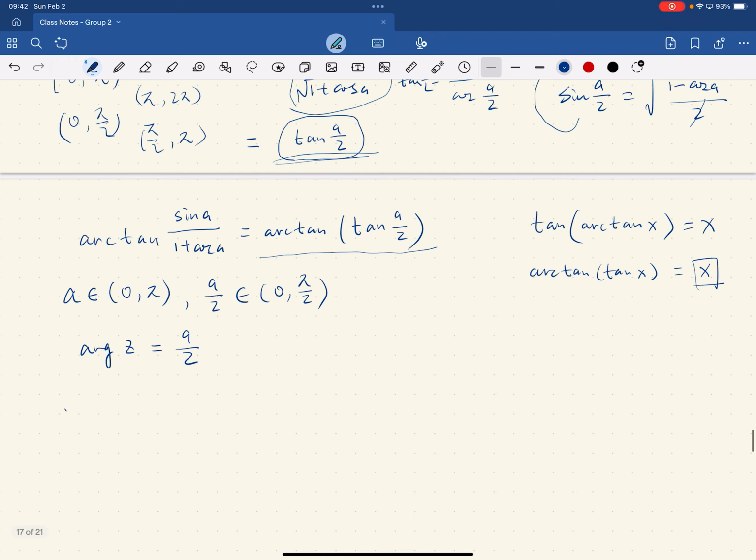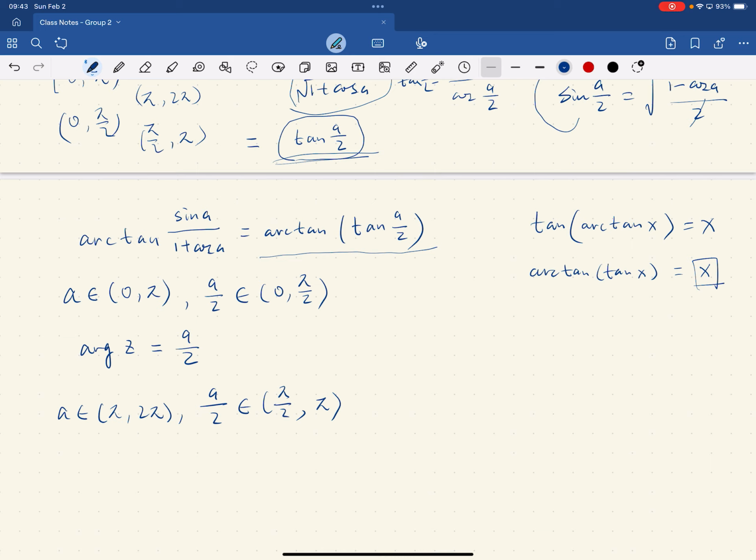But when a is in the range from pi to 2 pi, then a over 2 is in pi over 2 to pi. So it's in this range, which is quadrant 2. But in quadrant 2, we know that tan a over 2 would be negative, right?